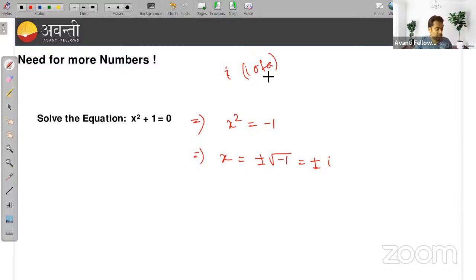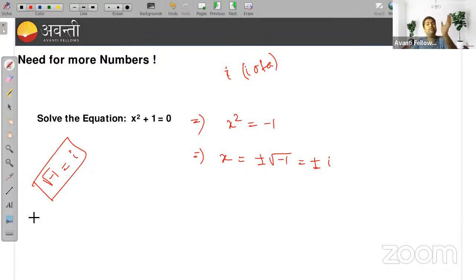Is that clear to everyone, guys? Yes. So here the concept of iota was introduced, and that is one imaginary number. If I ask you again, what is the square root of negative 1? That is actually iota, or i. I hope this is clear to everyone.